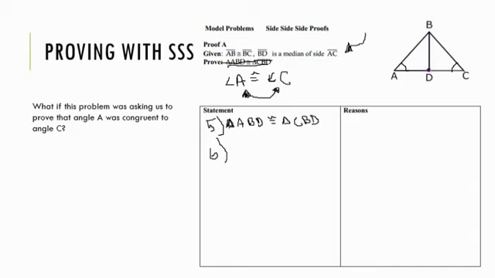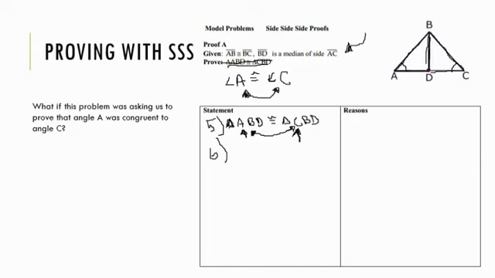Well, look at that. Angle A is in one of those triangles, and angle C is in the other triangle. Are they corresponding parts? Yes, they are. Why? Because they are in the same spot in the label. You can see that. That's a good way of telling that they are corresponding parts. Also, you can see that the short side goes into the long side, and then also the short side goes into the long side, and it is opposite of this hypotenuse right here.